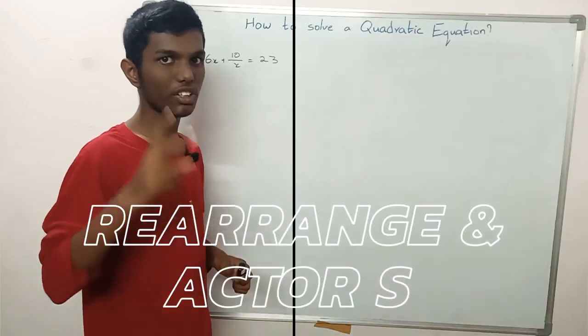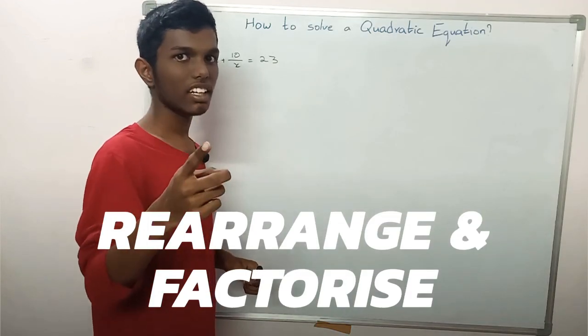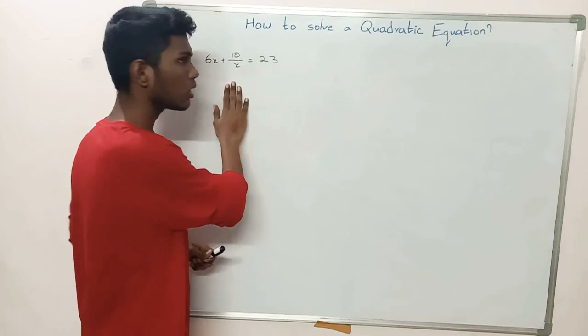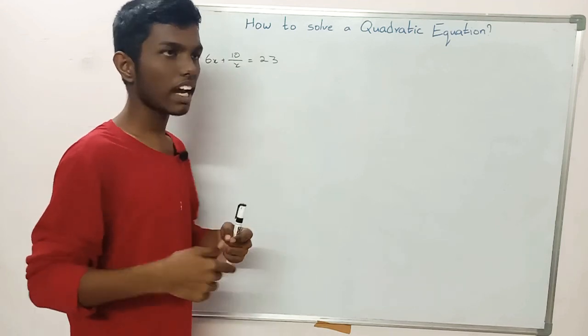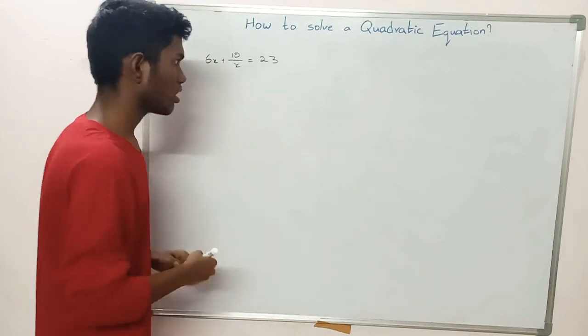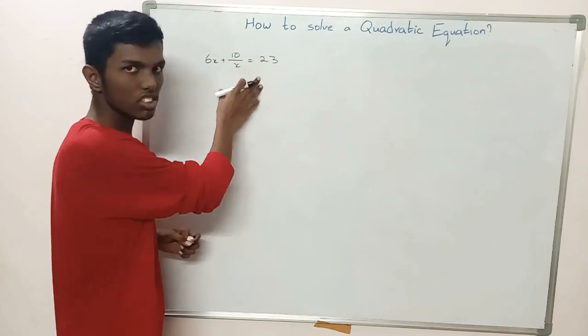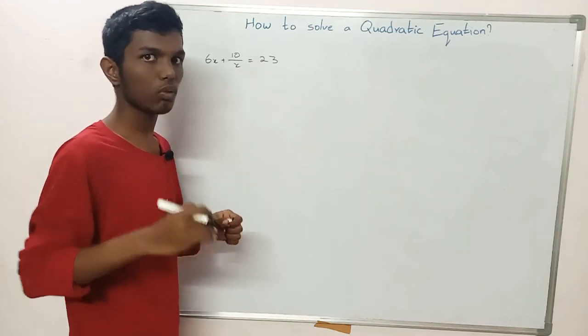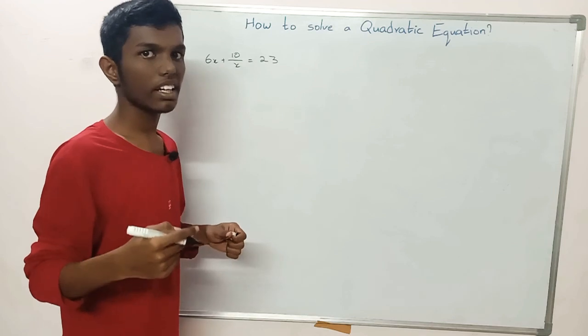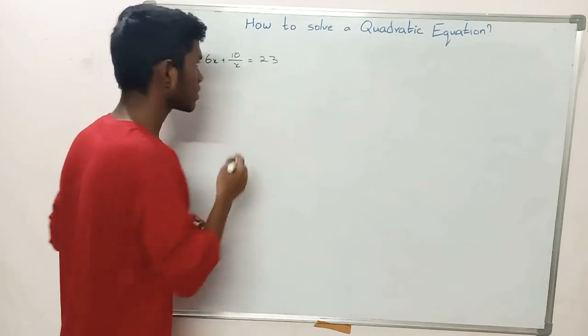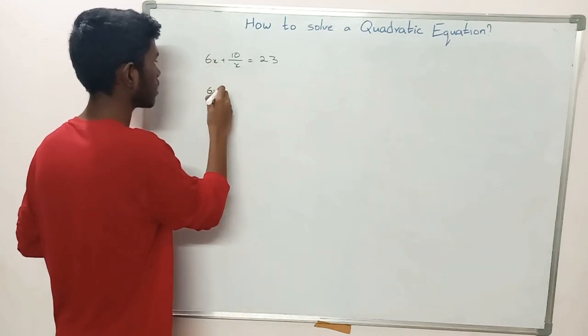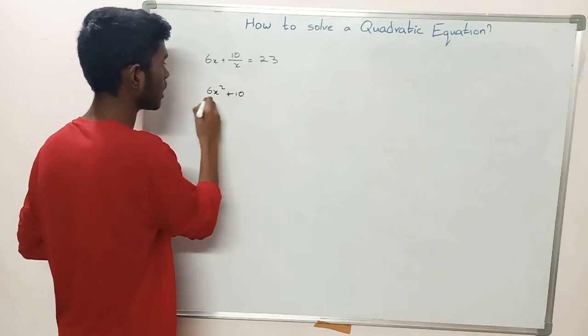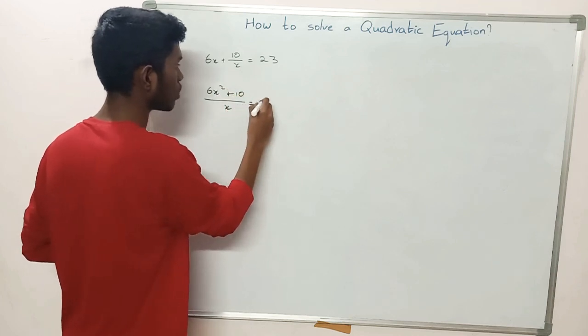Till now we have seen two types, identity and factorize. Now this one is rearranging and factorizing. First, we need to rearrange the equation so that we get a quadratic equation. How to rearrange? Just sum it up. 6x square plus 10 by x is equal to 23.